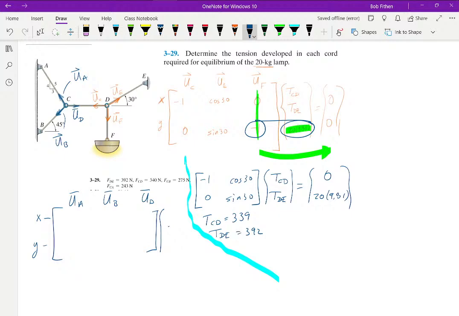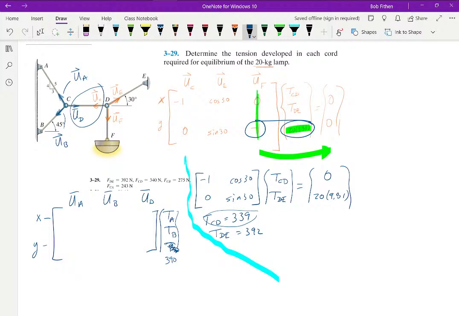This is going to be the tension in A, tension in B, tension in D. Turns out the tension in D is common to both of those. CD, and that's the 339, or in his case he said 340. So you take that out, you put in 340.